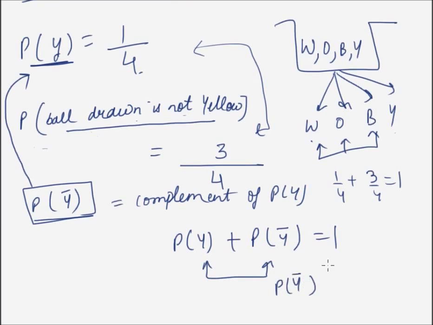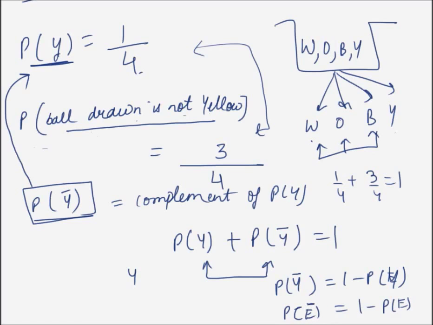And for an event Y, the probability of its complement is given by 1 minus P of Y. So in a general way, for an event E, we can write P not of E as 1 minus P of E.